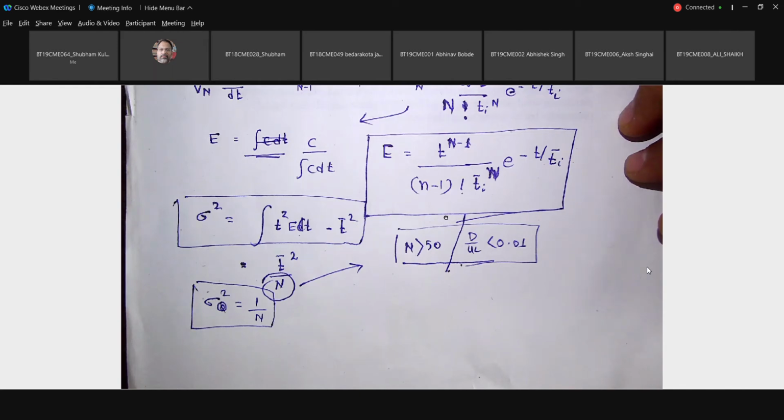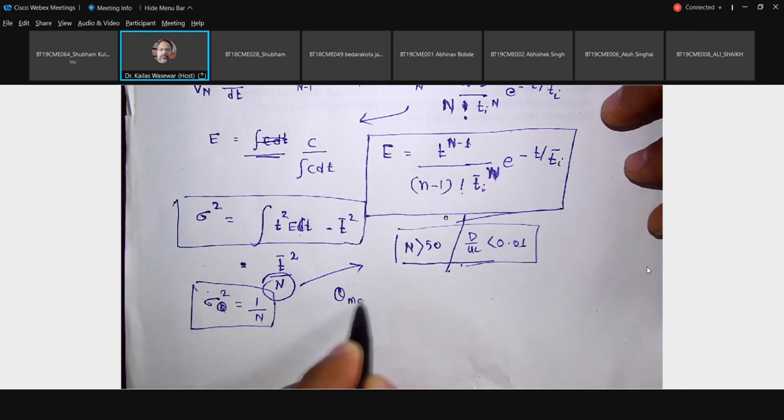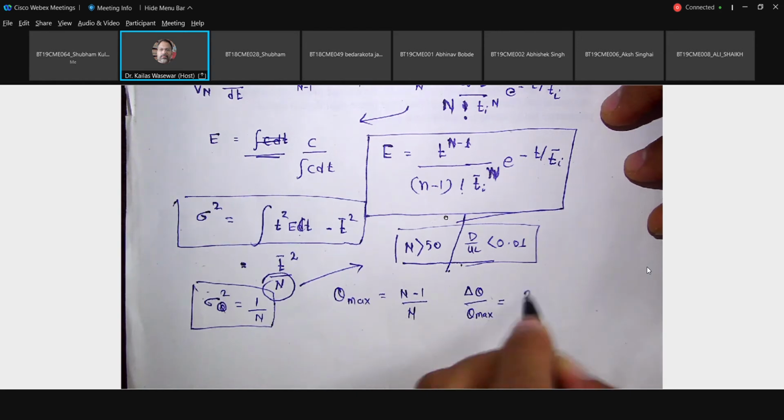That is theta max is equal to n minus 1 divided by n. Another is delta theta max is equal to 2 upon square root of n minus 1.